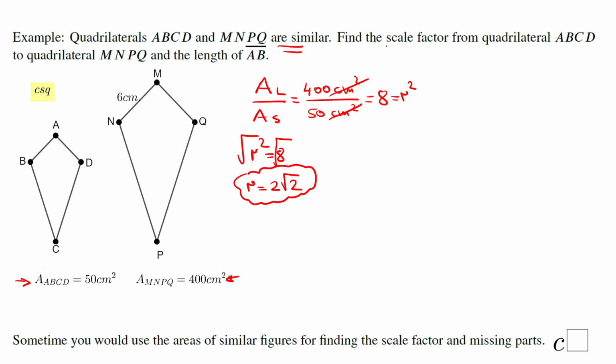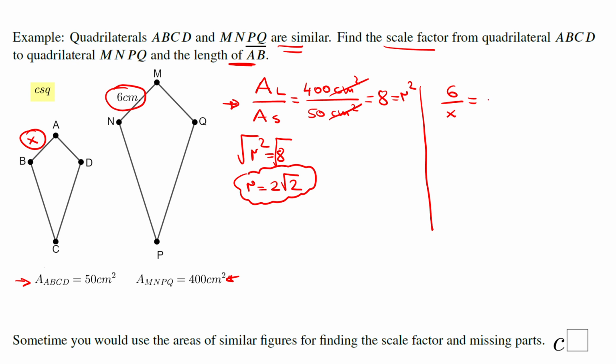So we find the scale factor, we can move to the second part and find the length of AB. Now remember, we start with large over small, so now I'm going to start with large over small, and I'm going to call this x, you notice. So on my second part, I'm going to say 6 over x equals what?